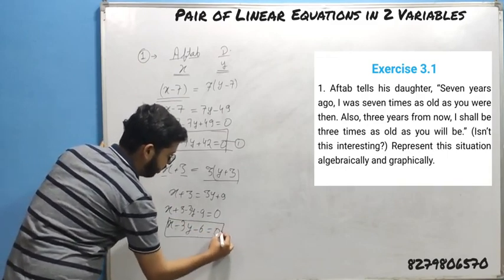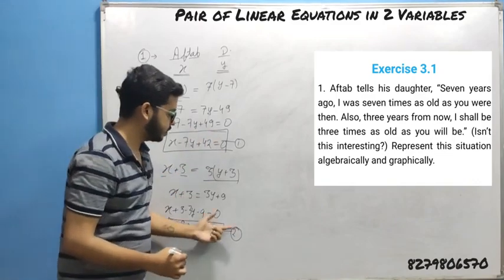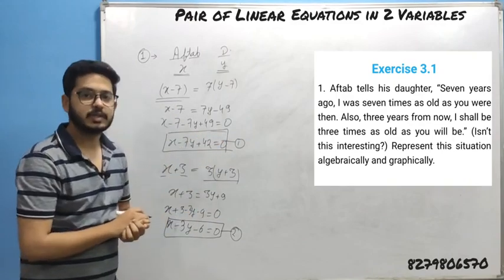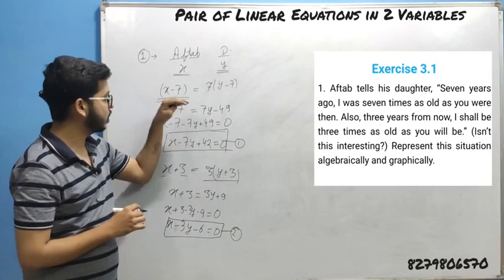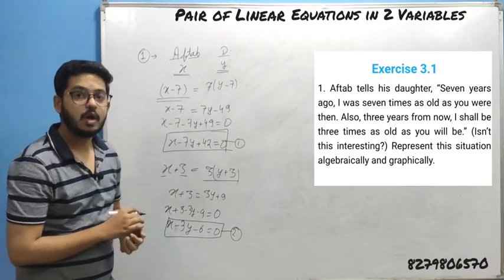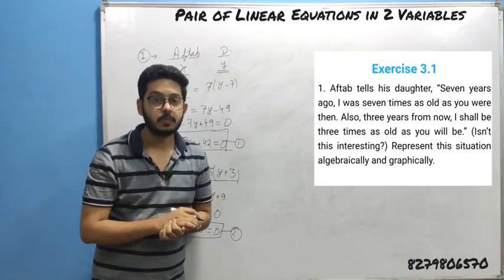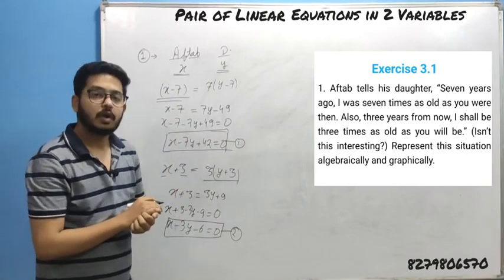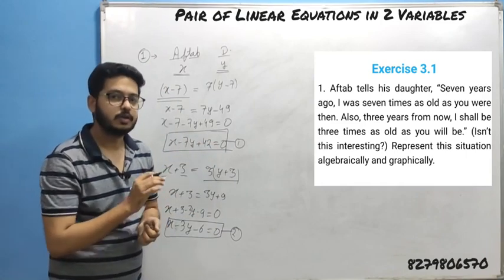This is our equation number 2. As you can see, we got both equations, so we have represented our question algebraically. Now we have to represent our question geometrically too. Let's see how we represent these equations geometrically.